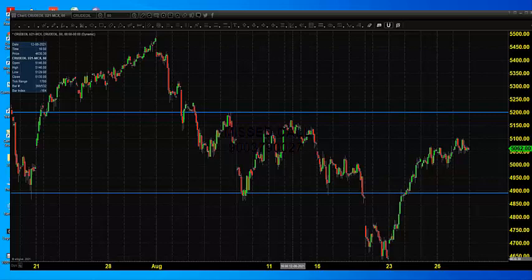The chart you're seeing is the 60-minute candlestick chart for MCX crude oil. Every single candlestick represents 60 minutes. First, let us understand the overall market outlook for this particular contract. If you see the chart, you could identify 4,900 as a decent support.